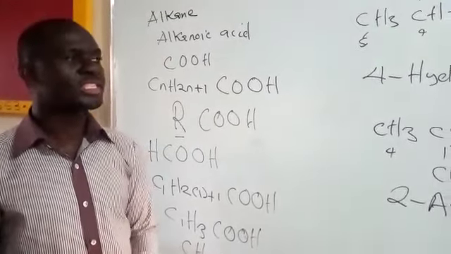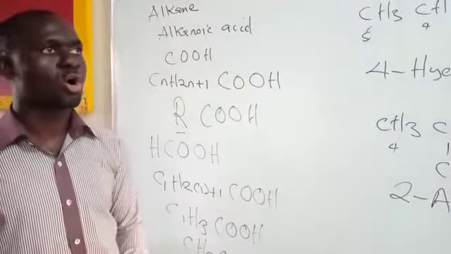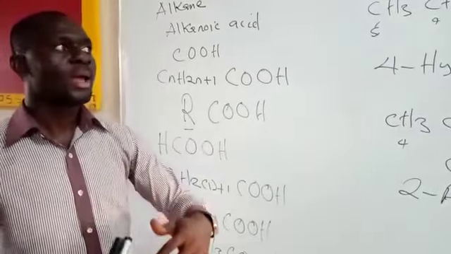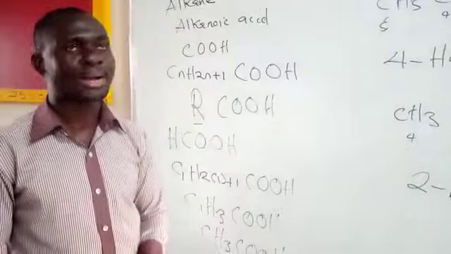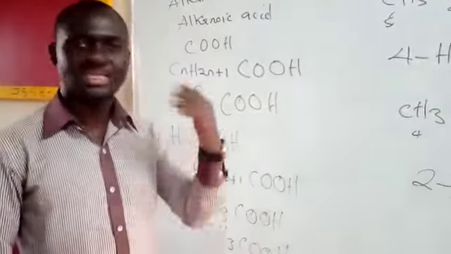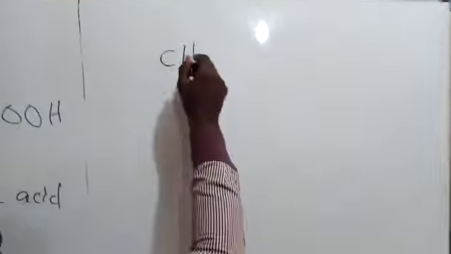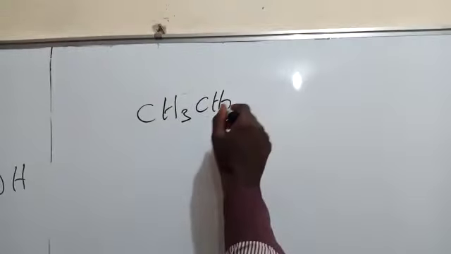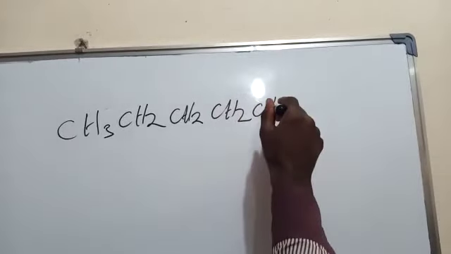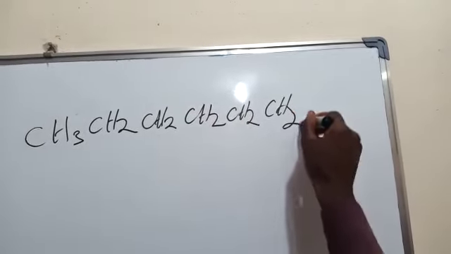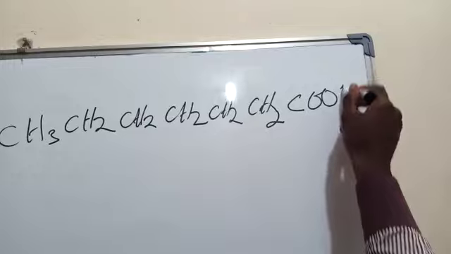If they ask you in an exam to draw the structure of heptanoic acid, hept, you know that hept contains how many carbon atoms? Hept is 7. So the structure will be CH3, 1, 2, 3, 4, 5, 6, then 7, COOH.